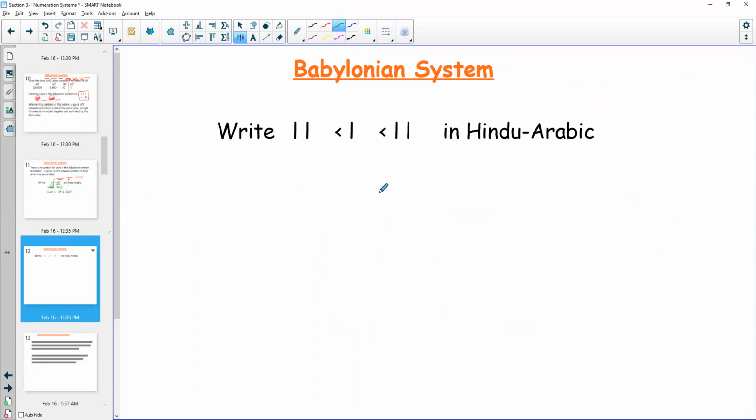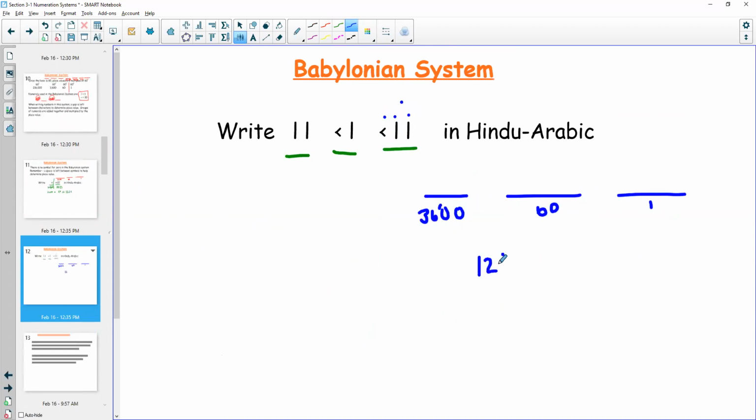Let's try this one. So now think for a second. This has 1, 2, 3 places. So I have 1, 2, 3. That's worth 1. Next place value was 60. Third was 3,600. So this first place value is 10, 11, 12. So I have 12 that are worth that first place value from the right, which is 1.